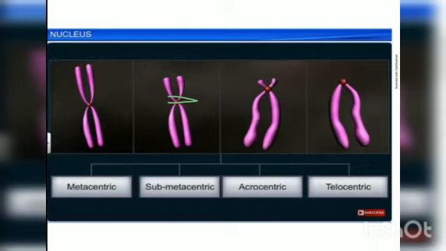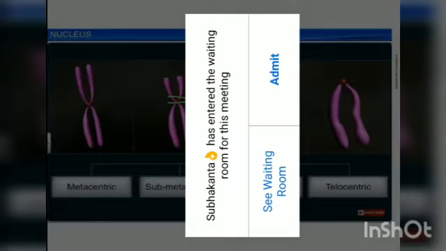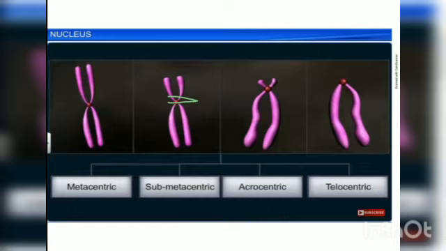Then the last chromosome type is the telocentric chromosome. In a telocentric chromosome, the centromere is located at one end of the single arm, so only one single arm is present. That's all about the types of chromosome.